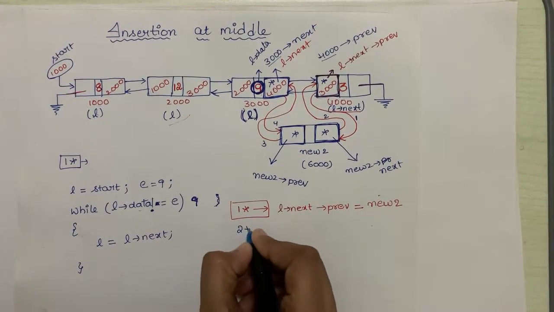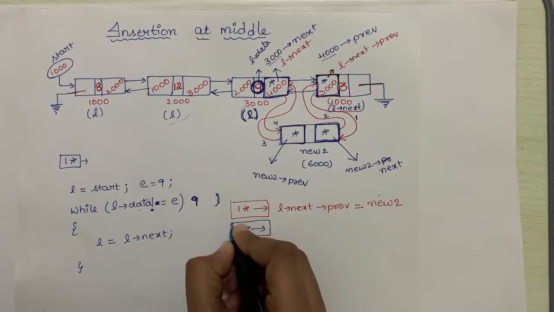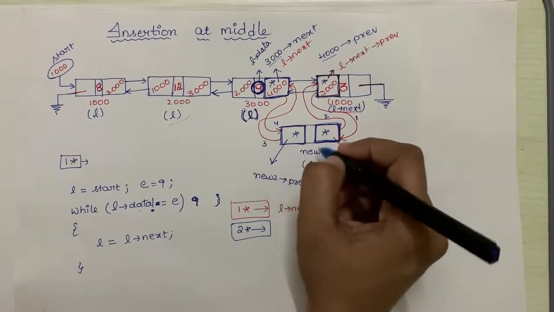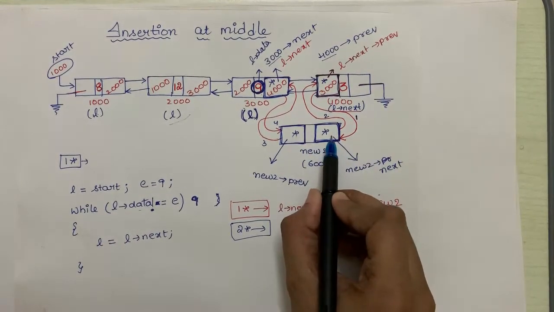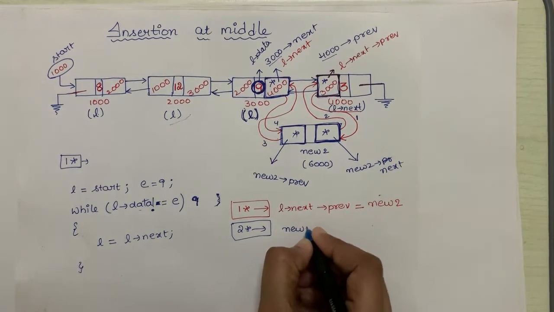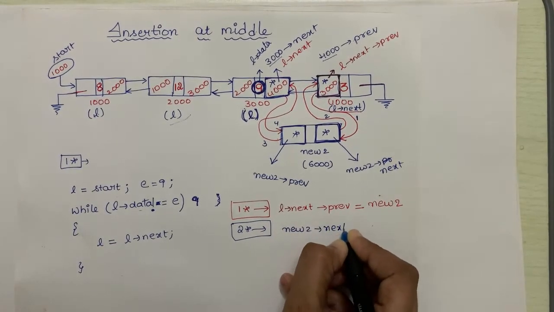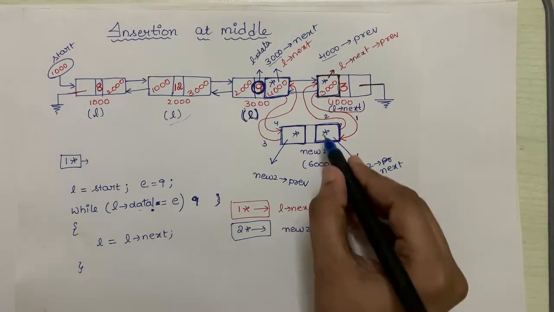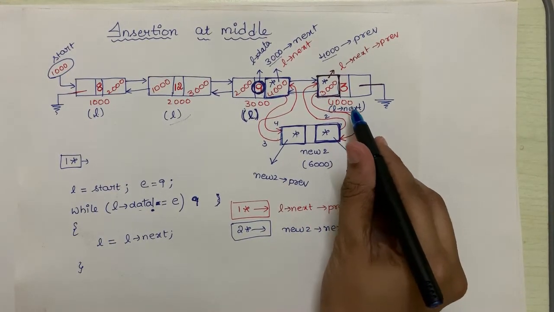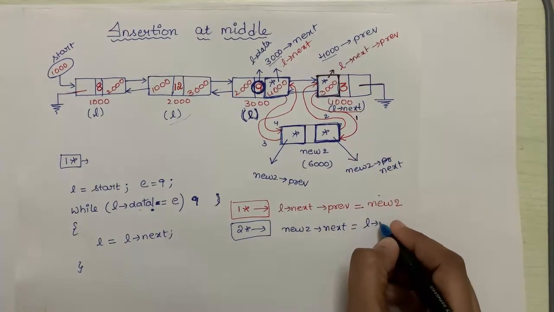The next step is to change the value in this box. Previously it stores null because this is a new node. The name of this field is new2 next. So new2 next should store the value of its next node. The value of its next node is 4000. The name of 4000 is L next.